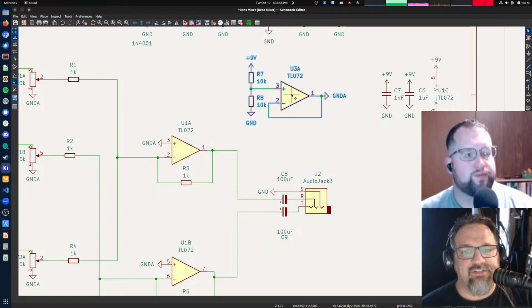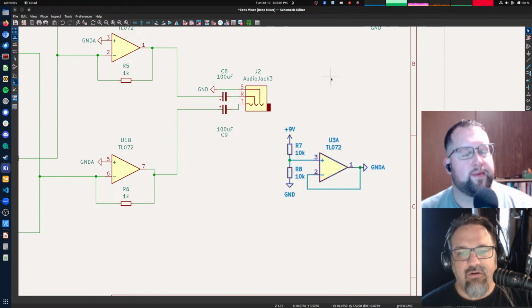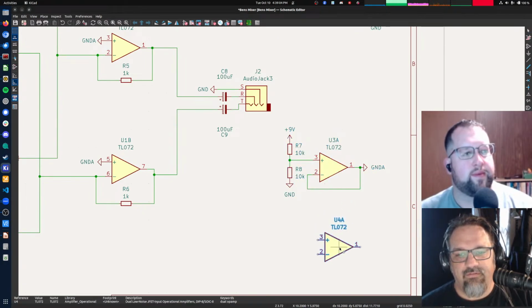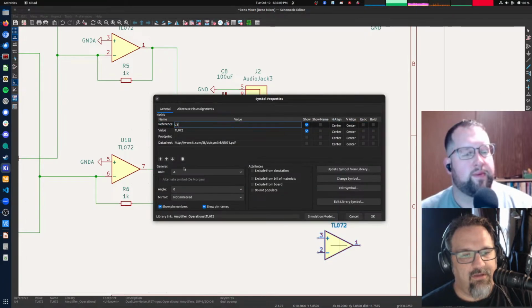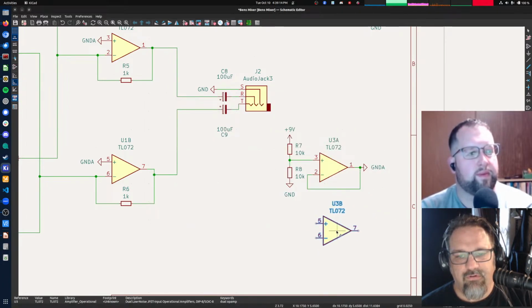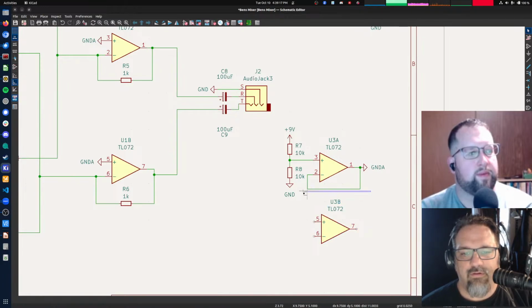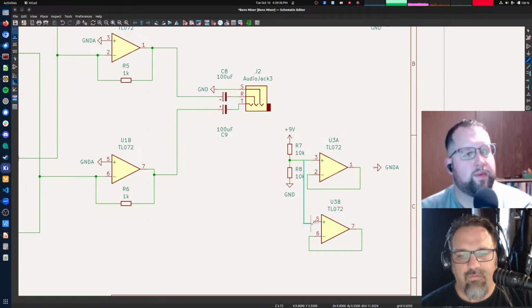And since we're just going to use the same op amp chip that we have here so that we don't have multiple things in our bill of materials, let's create... U3... This is the B node. There we go. Okay.